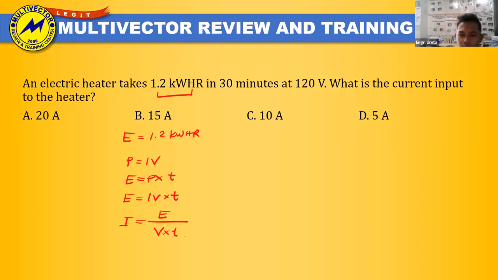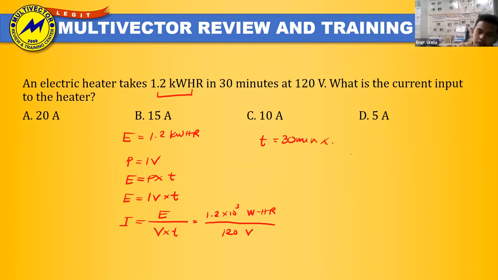Meron na ba tayong energy? Meron na, 1.2 kilowatt hour, which is actually 1.2 times 10 raised to 3 watt hour, all over the voltage, 120 volts, times our time. Mapapansin nyo, ang unit ng time nung nasa numerator is in hour, so i-convert natin yung given sa problem into hour para magka-cancel sila. Yung time natin, T, is equals to 30 minutes.